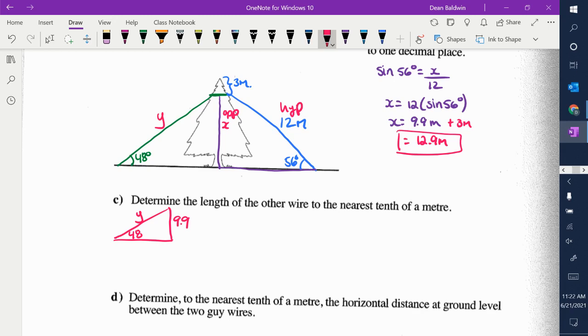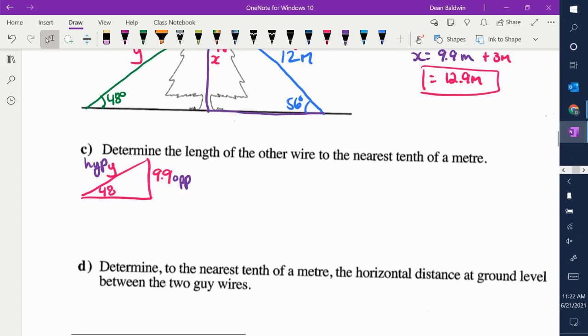I want to solve that. What sides do I have and want to know? Opposite and hypotenuse. What involves opposite and hypotenuse? Sine.